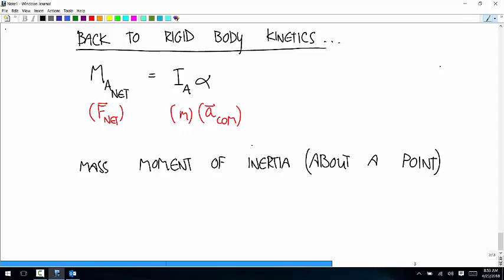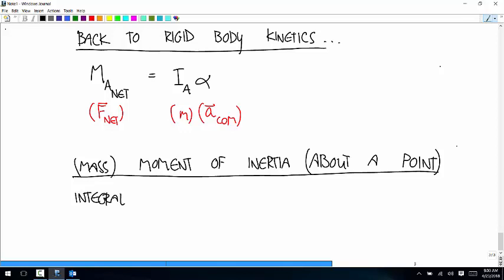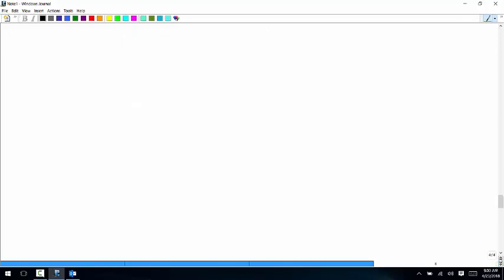And remember, people normally just call it the moment of inertia, but all this stuff is important. And the definition, there's an integral definition. We talked about this last time, I think. You won't ever have to use this.